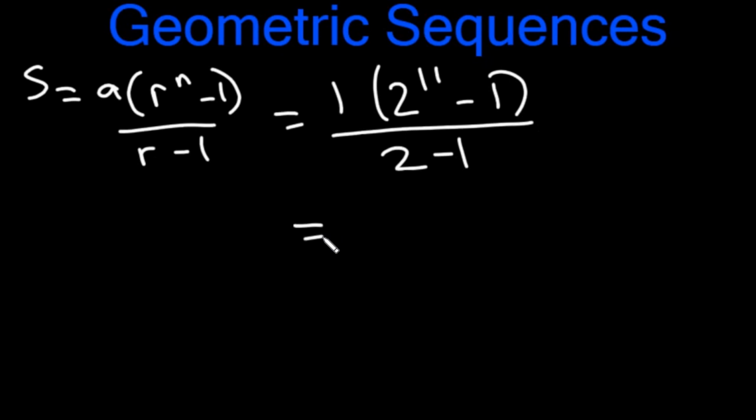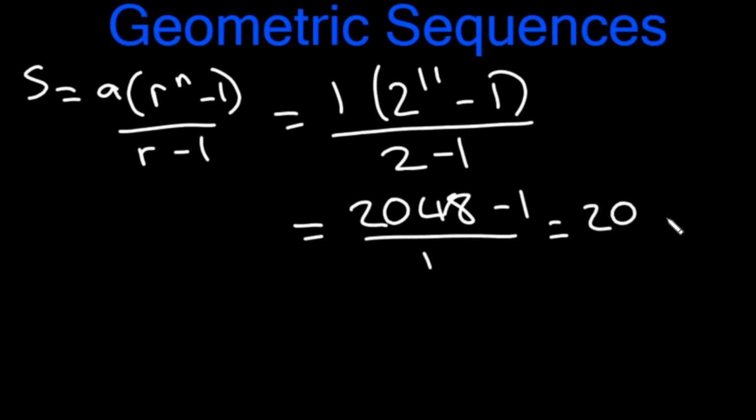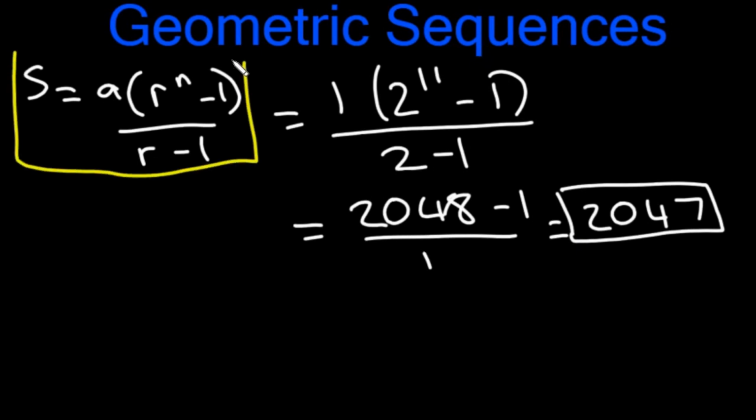This is 2 to the 11, which is 2048, minus 1, divided by 1, which is 2047. Again, make sure you memorize this formula because it's very, very important.